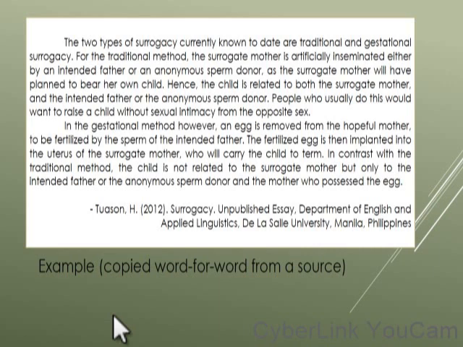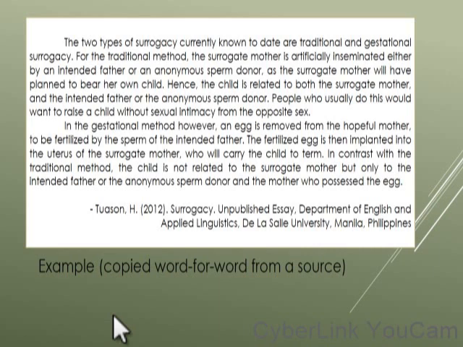For the traditional method, the surrogate mother is artificially inseminated either by an intended father or an anonymous sperm donor, as the surrogate mother will have planned to bear her own child. Hence, the child is related to both the surrogate mother and the intended father or the anonymous sperm donor. People who usually do this would want to raise a child without sexual intimacy from the opposite sex.